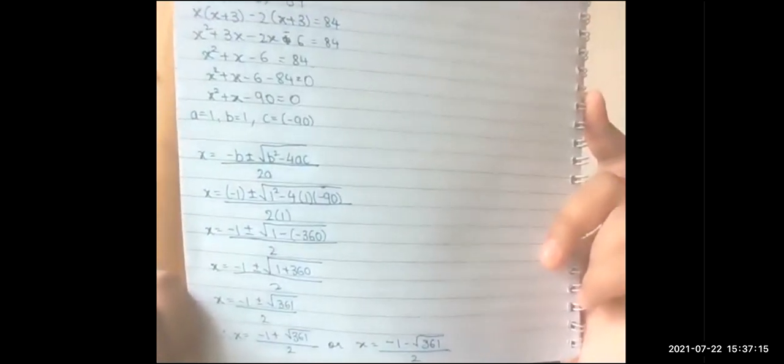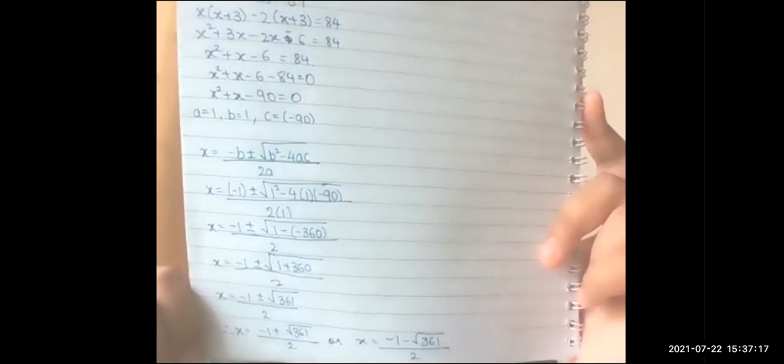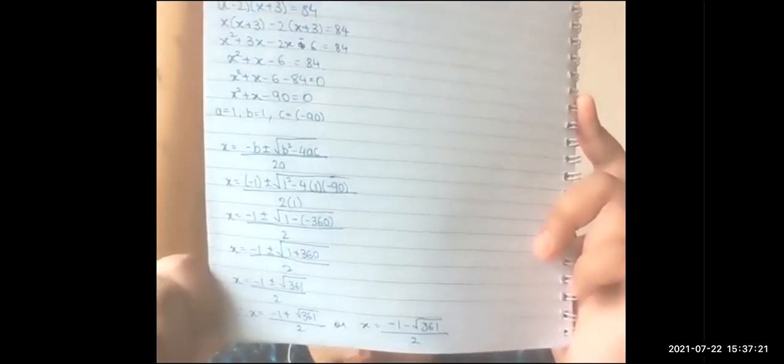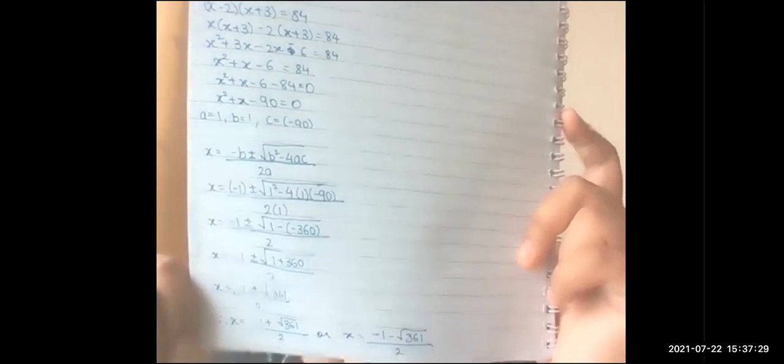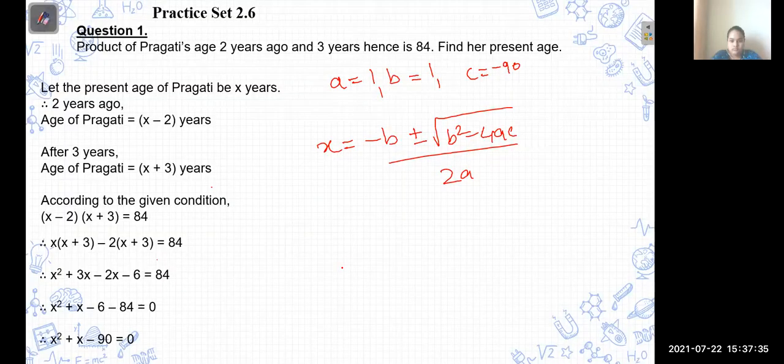Wait, I'm seeing. Okay. Yes, it's correct up to here, but you will have to find out the square root of 361. Try prime factorization method. What you've done is correct. Only you have to now reduce 361. You have to find the square root of 361.